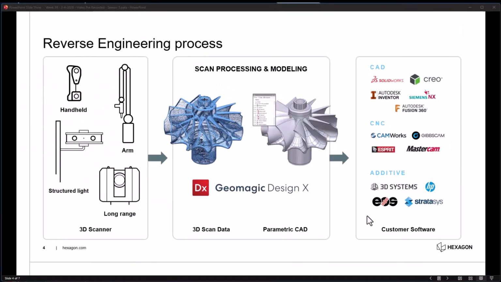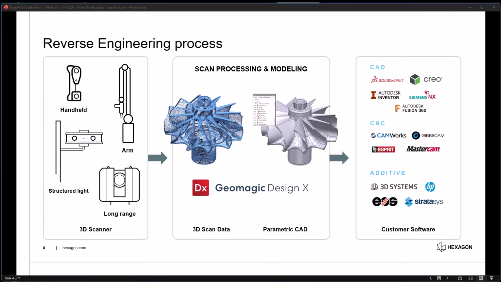As usual, before we get started with our Design X portion of the webinar, I always like to bring up this slide. I know for some people that watch weekly, this slide can get a little redundant, but we want to make sure that everyone that jumps on the webinar understands the workflow and where Design X fits in.